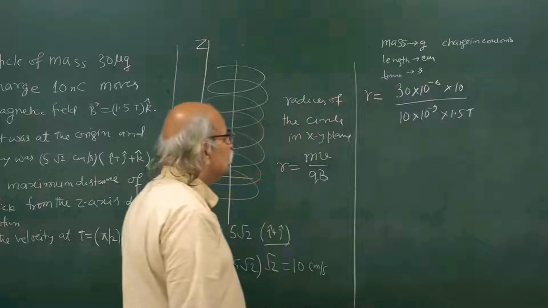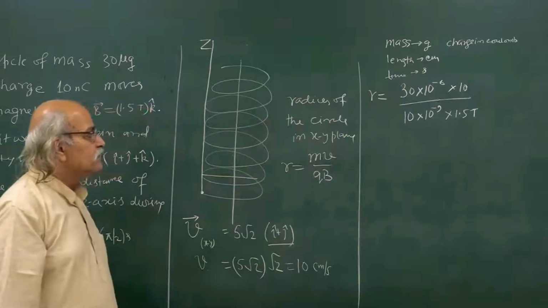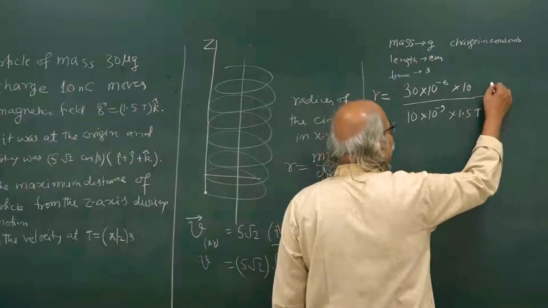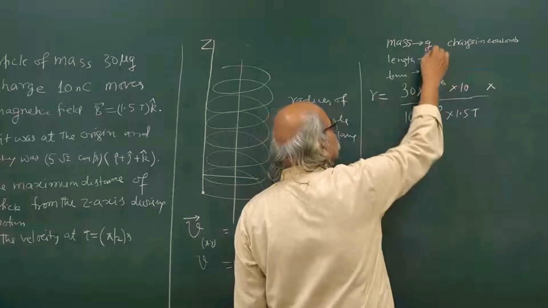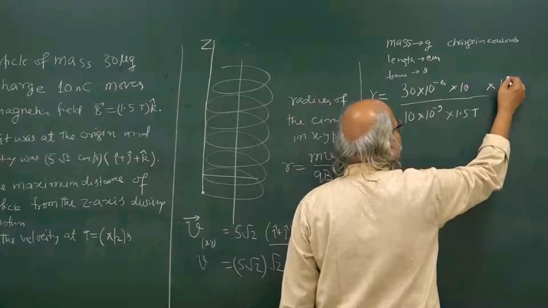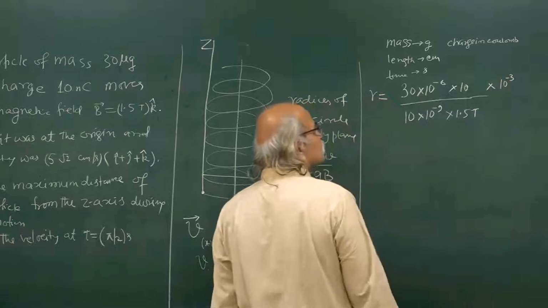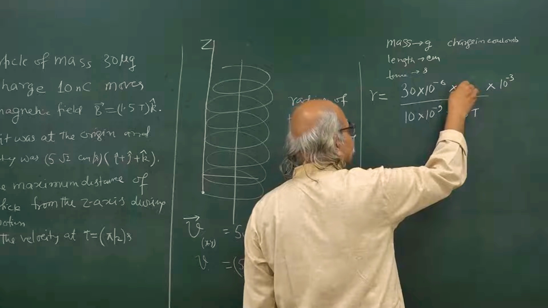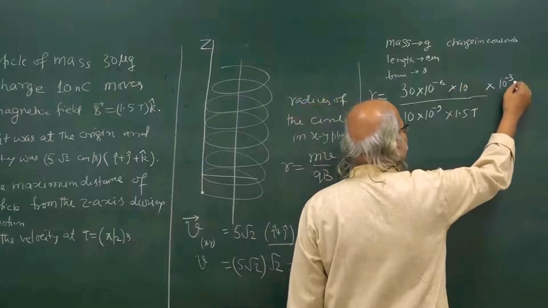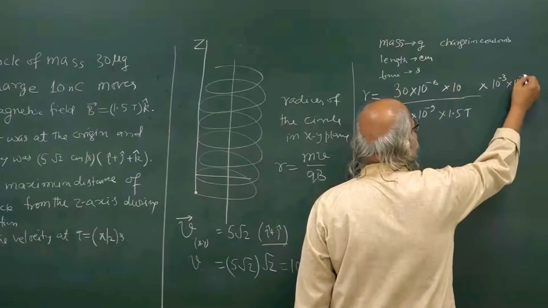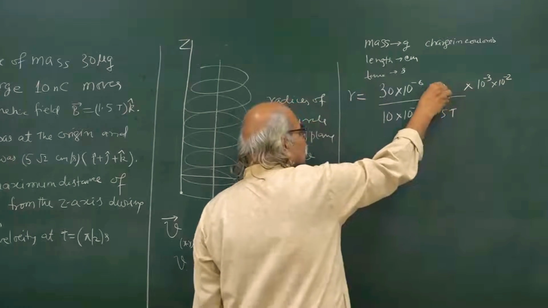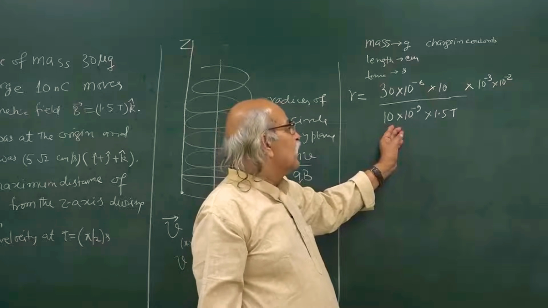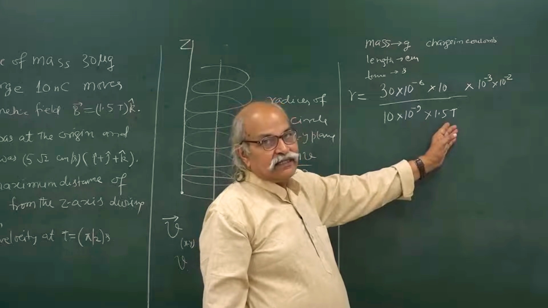All right. If you convert it to SI units, what other things do you have to do? The mass is in grams, so in kg it is 10 power minus 3. Now it is in kg, and this 10 is 10 centimeters per second, so centimeter will be 10 power minus 2 meters per second. So this was converted. The 10 nano coulombs is already SI, and the 1.5 Tesla is already SI.